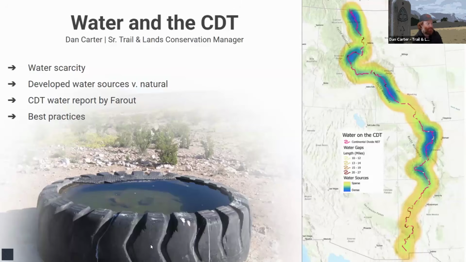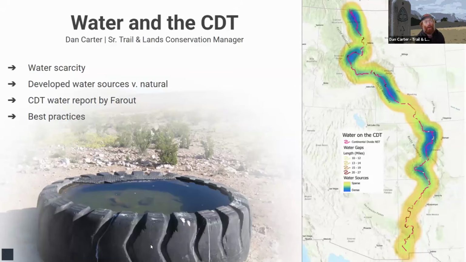And just some best practices at water sources, the common Leave No Trace, such as don't camp, wash, or dispose of waste within 200 feet of natural sources, but then also ask that you don't camp within 900 feet of developed water sources, such as these livestock waters.